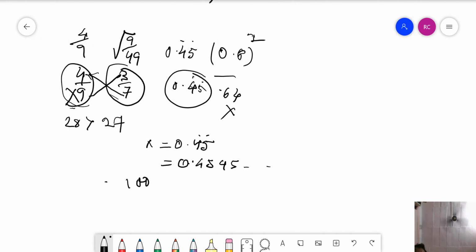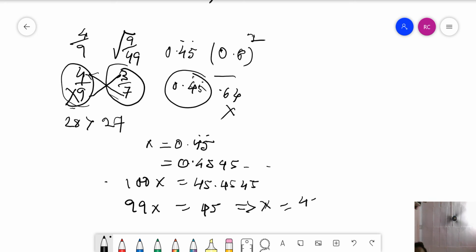You get 100x as 45.45, so 99x would be 45. X is 45 by 99.